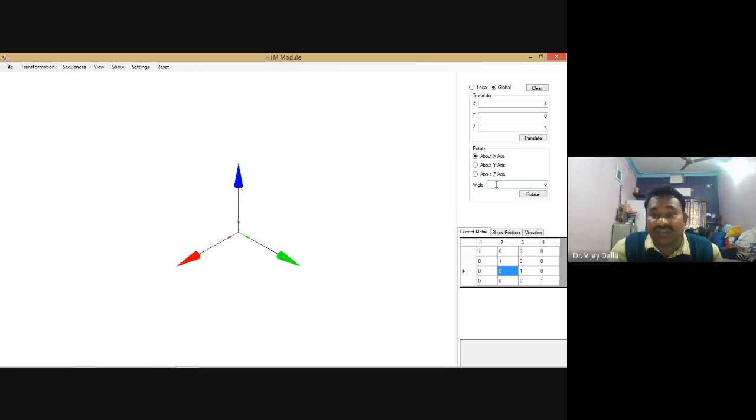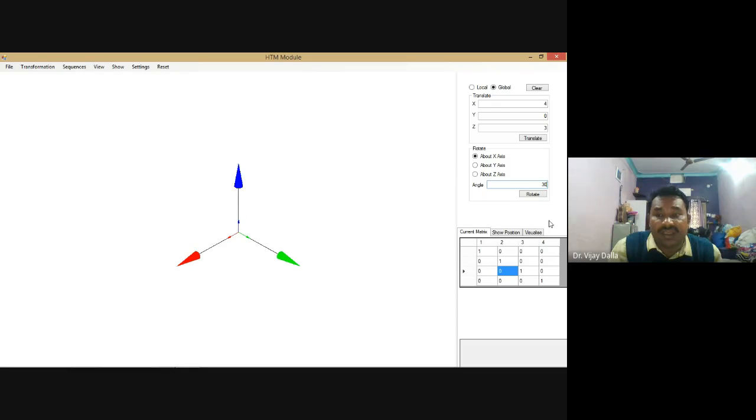Now we want to visualize the rotation about the x-axis. Suppose I am giving a value of 30 degrees, and we want to know the rotation about the x-axis.